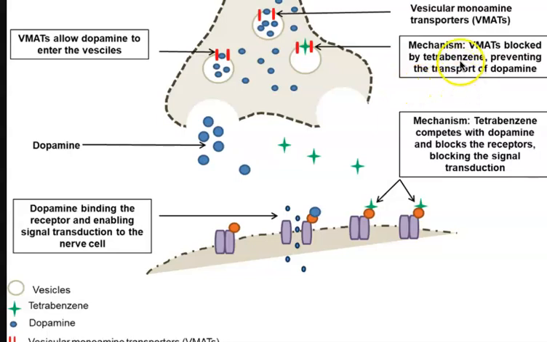But what tetrabenazine does is it's going to block this transporter that allows the dopamine to get into the vesicle. So it blocks it so that now there's no dopamine in the vesicle to be released. So opposite of what an MAOI does in preventing the breakdown of the neurotransmitter, this is specifically going to prevent dopamine from getting into the vesicle so it can't be released.